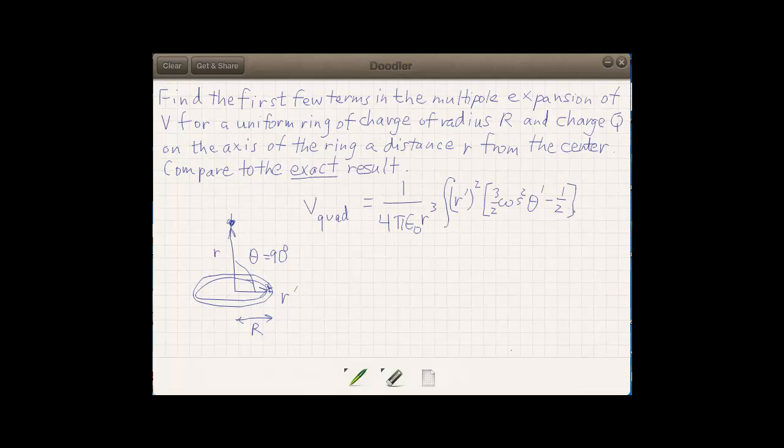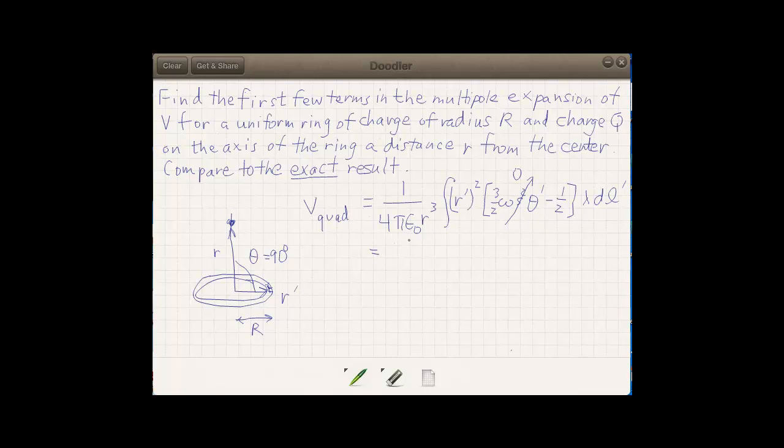Once again, we have lambda dl prime. And so this is an integral all the way around the ring of that quantity there. It simplifies, though, right away, because we've already pointed out that the angle theta is 90. And so cosine of 90 gives us 0 again for that term. And so what does this reduce to?